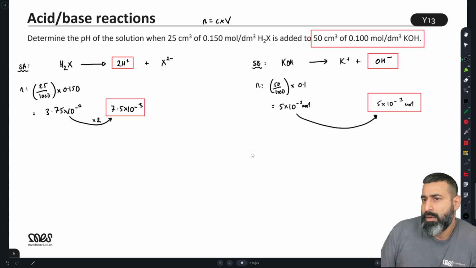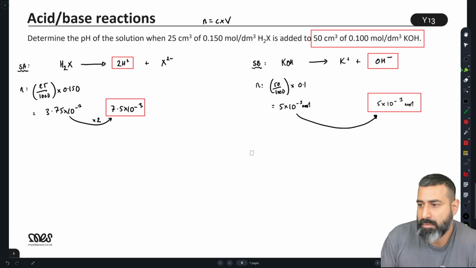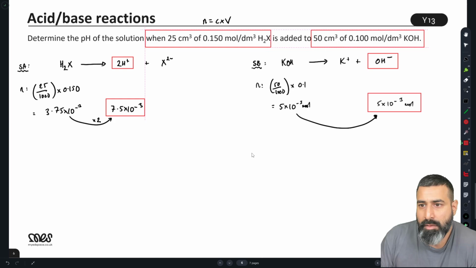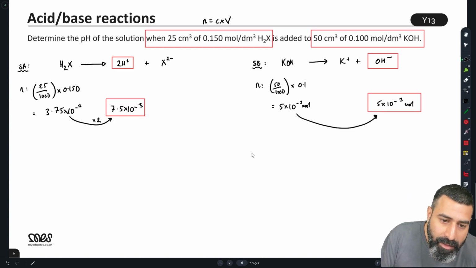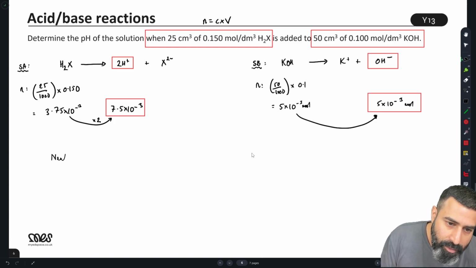Nice. Okay, so then when these actually react, we have the acid reacting with the alkali. And when the acid and the alkali react, it's a neutralization reaction.